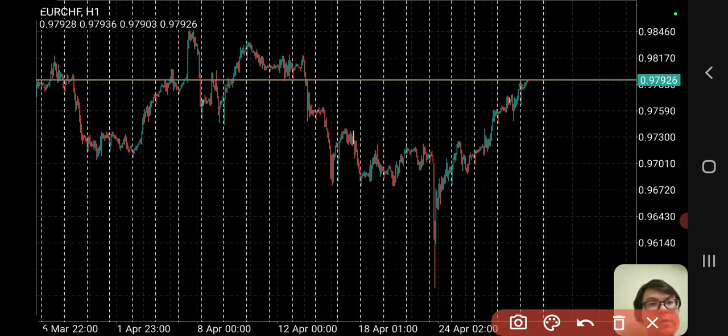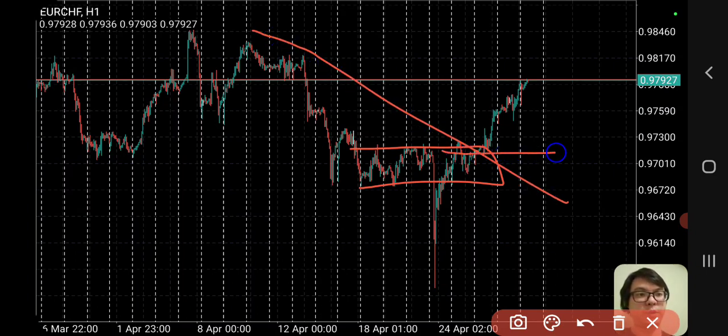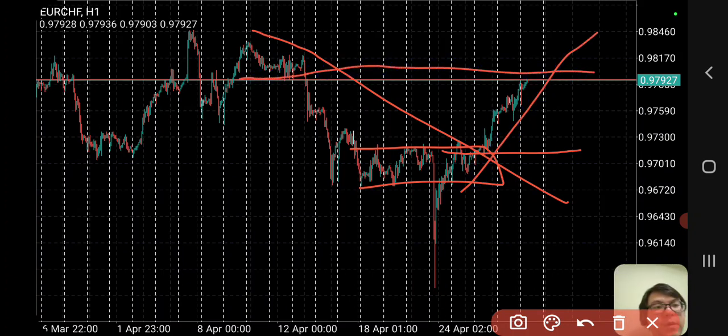Now we have consolidation and a trend line right here, which creates support for the uptrend back to this resistance line.